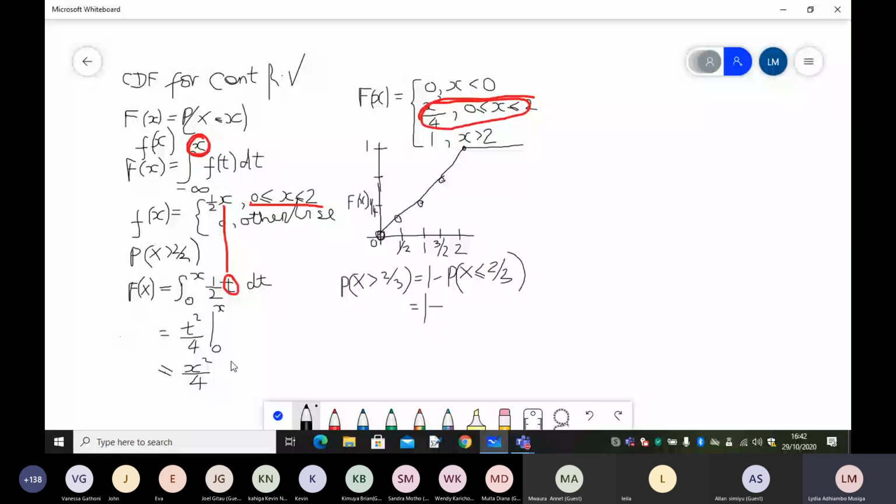So it will be 1 minus 2 over 3 squared, this is our x value, and then divide by 4. And so our answer will be 8 over 9.